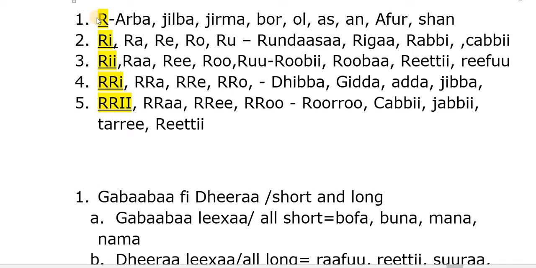This can be B or D or T or F or G, J or Y or Z or something. Any of the letters we have or the sounds we can hear in Oromo language. So as you can see, we have five distinct ways of saying the same sound.